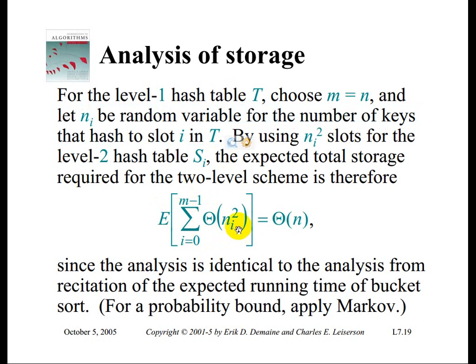If you do that, you will see that the expected value of this is still order of n. I probably missed this, and I should go back and check. It's using bucket sort. So once again, when you have a random set of keys and you're doing these buckets, it's still order of n, not order of n squared as it may appear to be. That's the basic idea here.